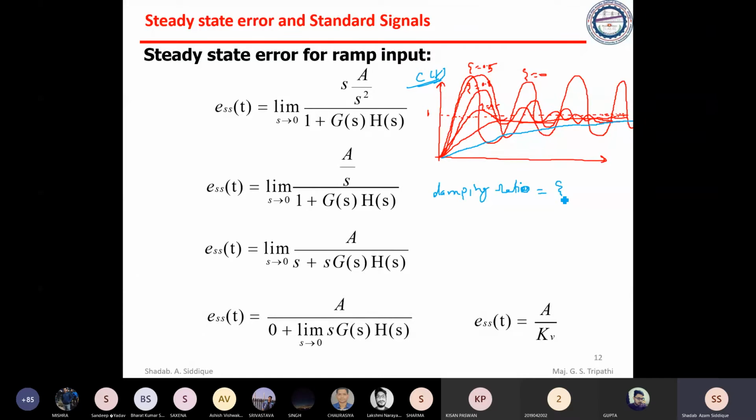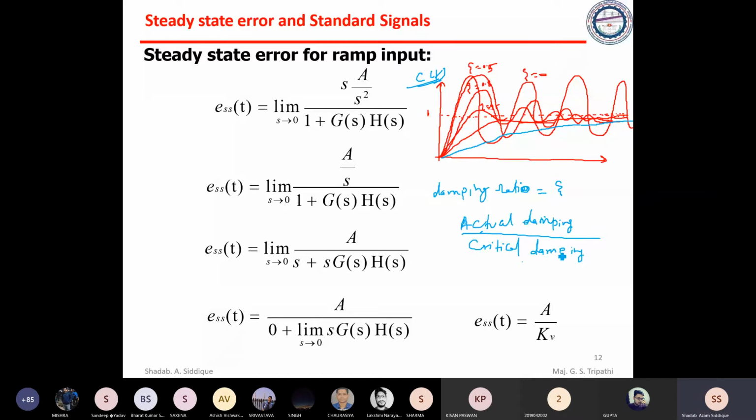So why is it called a ratio? If you go through the definition, the ratio of actual damping to the critical damping is known as the damping ratio. The actual damping to the critical damping.